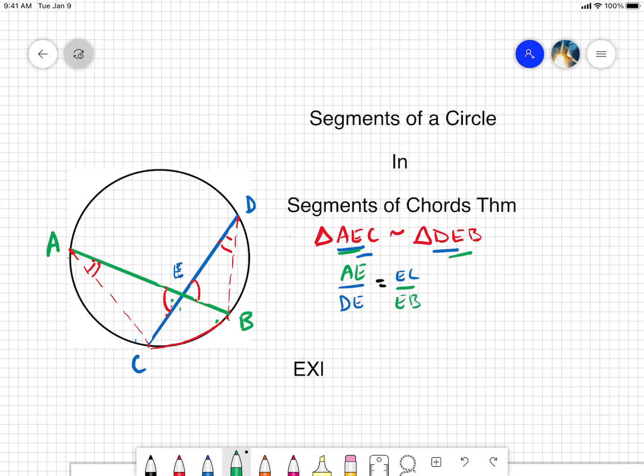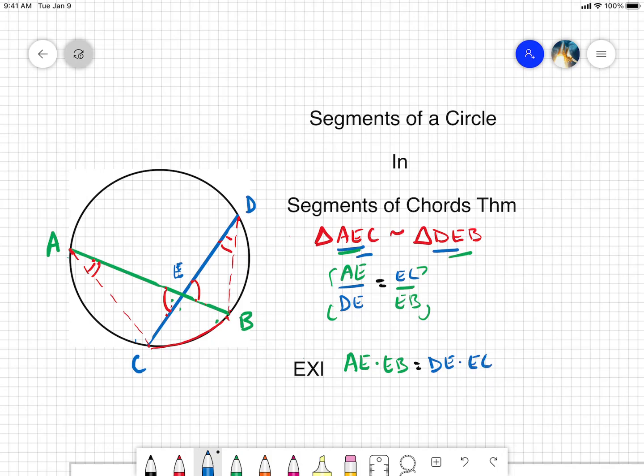That's just using the idea of similar triangles. Now, from here I'm going to apply the cross product property. When I do that, I get that AE times EB is going to equal DE times EC.